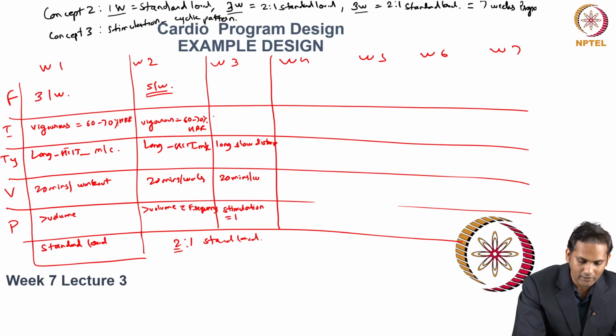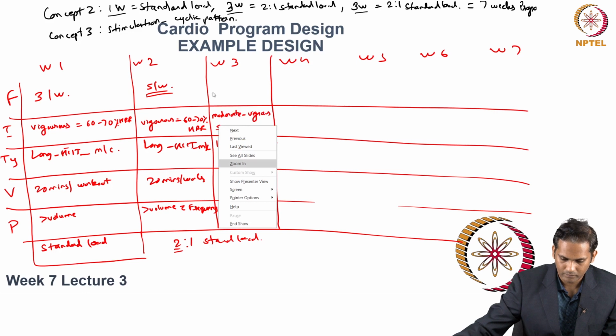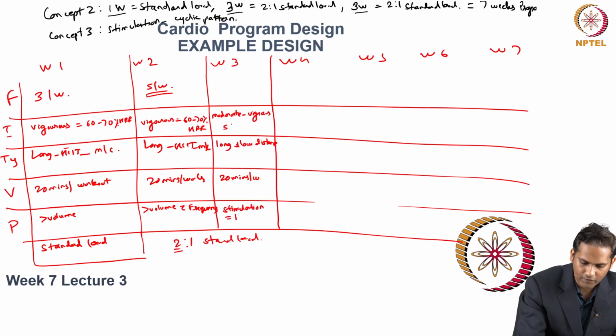So I am going to change the intensity to moderate, with a range of 55% of HRR to 65% of HRR.